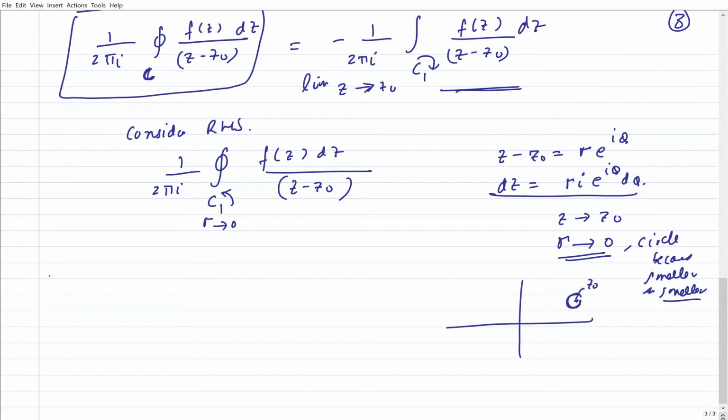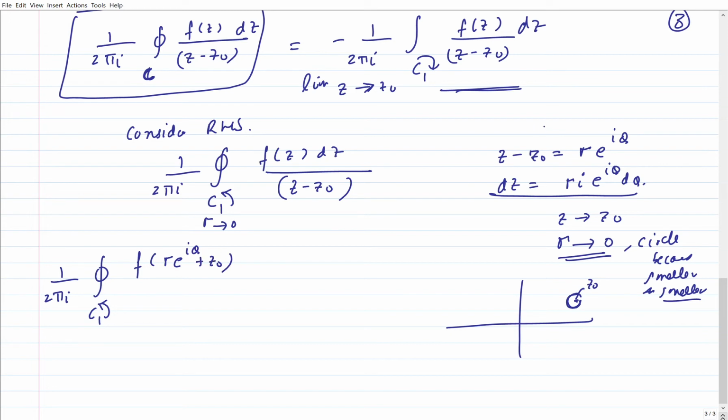So what do I get? I get the RHS as plus 2 pi iota, contour integral now anti-clockwise because I have changed the sign. Minus was clockwise and I have put plus as anti-clockwise. I'm just plugging the value of z.